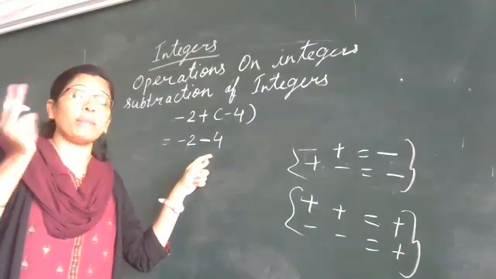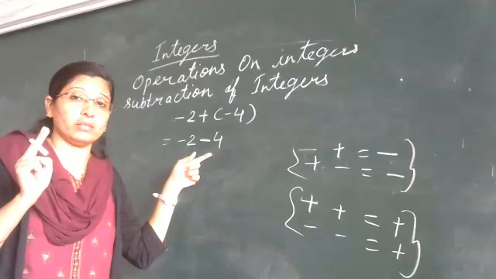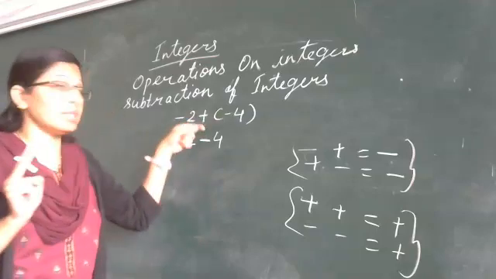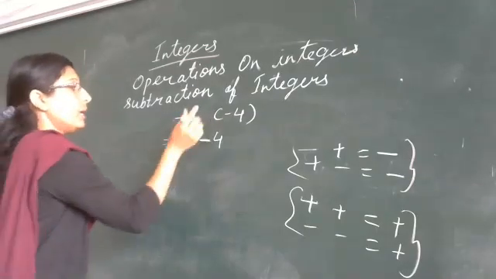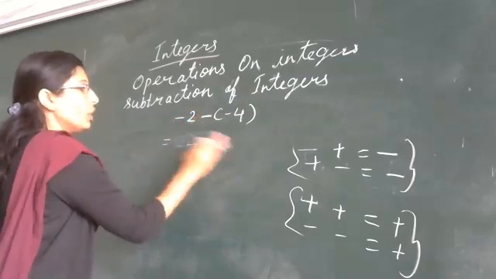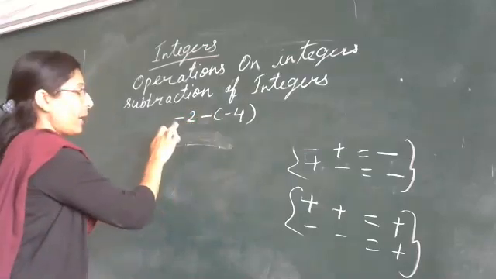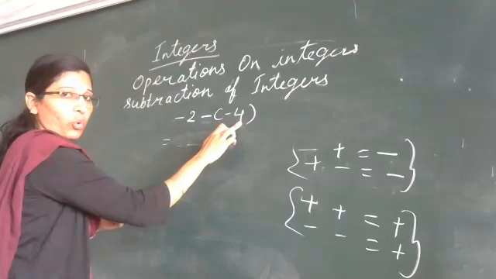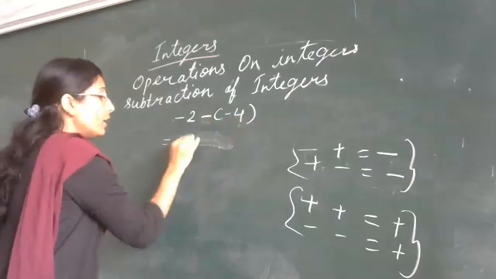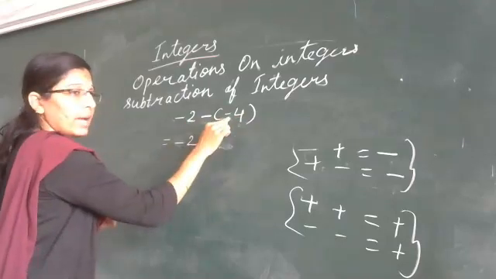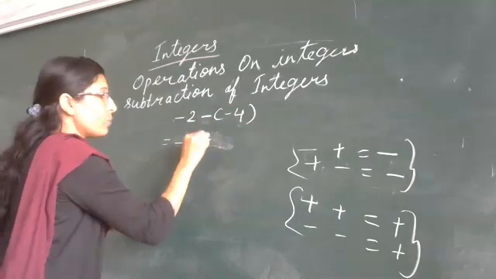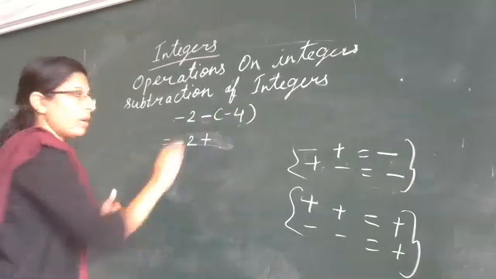Here addition and subtraction are related. Now for example, this is a subtraction sum: minus 2 minus minus 4. Here two signs are there, minus minus, so plus will come.